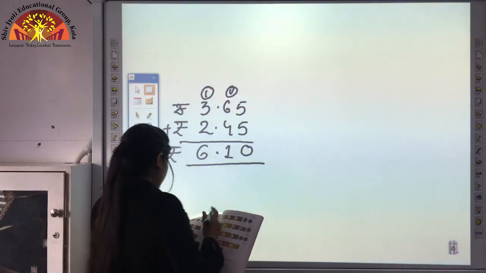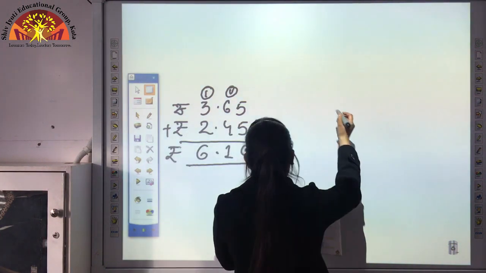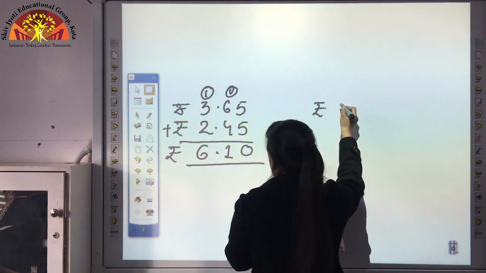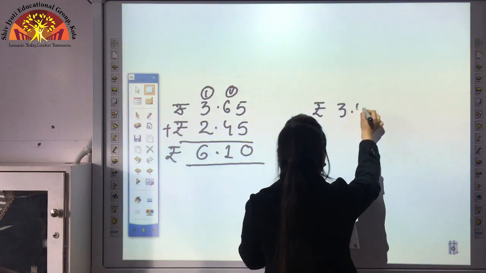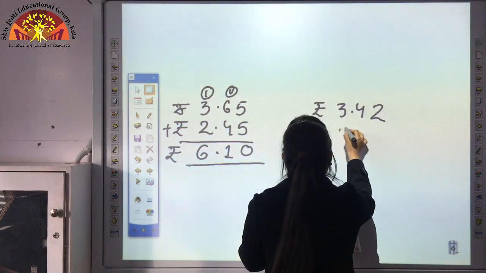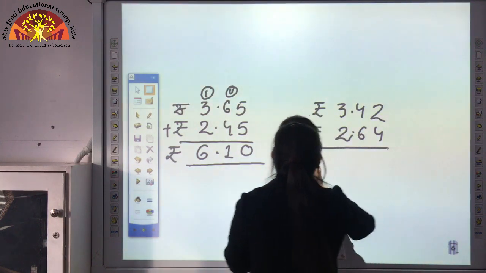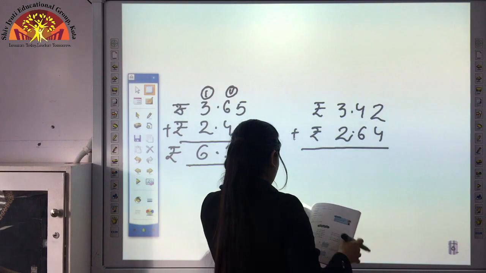On the other side we have rupees 3.42 and rupees 2.64. Again we have to find the addition.